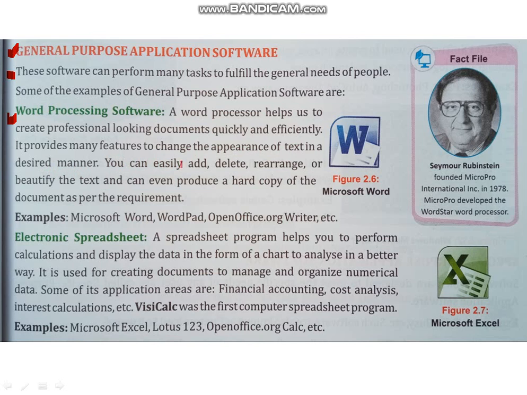You can easily add, delete, rearrange or beautify the text and can even produce a hard copy of the document as per the requirement. For example, Microsoft Word, WordPad, OpenOffice.org Writer, Impress, etc. are the examples of general purpose application software, that is word processing software.